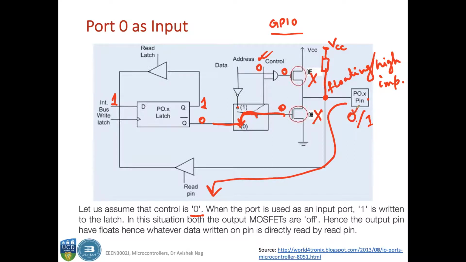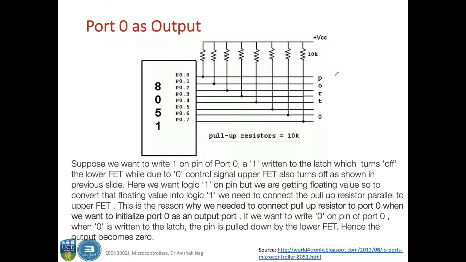For reading a 0, it's fine, it can read even in this high impedance or floating state, but for reading a 1, this point has to be pulled up. So therefore, while you are using port 0 and you want to read a 1, you have to connect port 0 with some pull-up resistors, okay, some external pull-up resistors.